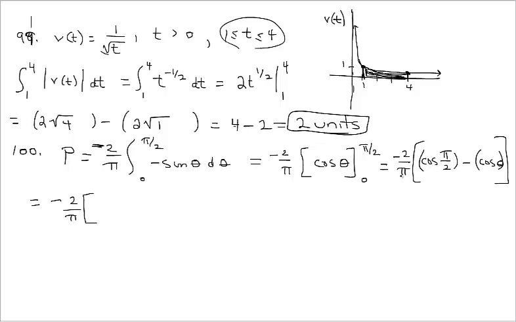All right, cosine of pi over 2 is 0, minus cosine of 0 is 1. So the result will be negative 1 times negative 2 over pi, or simply 2 over pi.